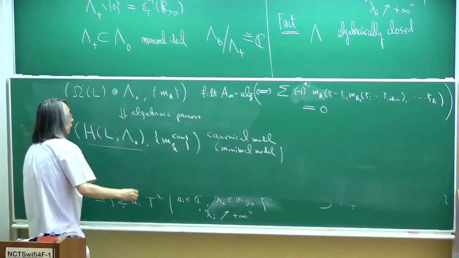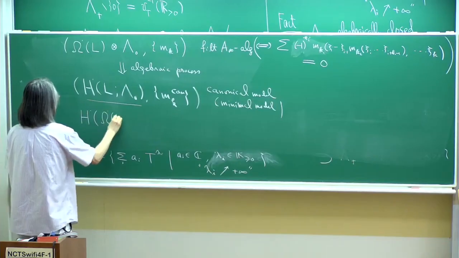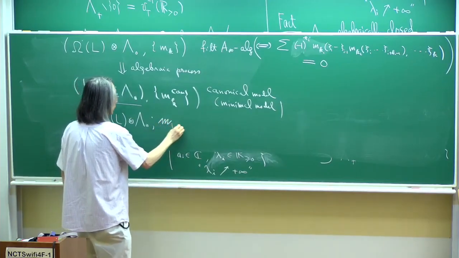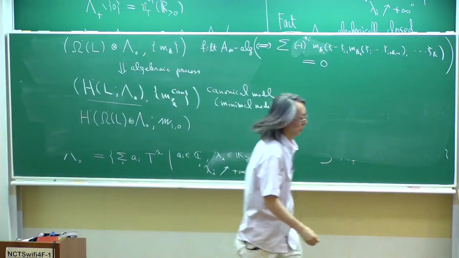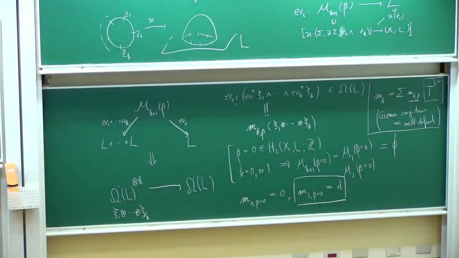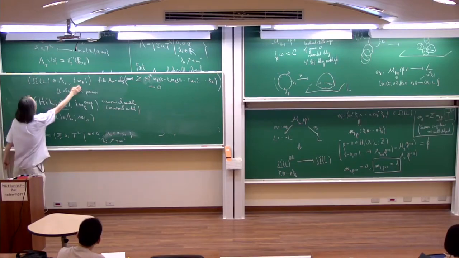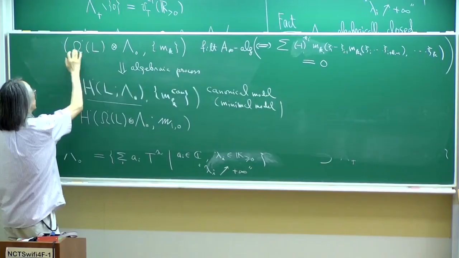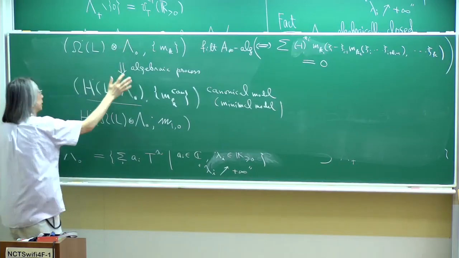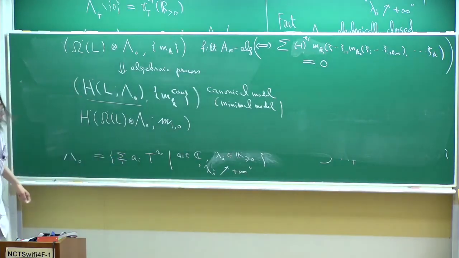This is the cohomology of this guy with respect to this M_{1,0}. The algebraic process is the following: you have some infinity algebra, and you can take the cohomology of it with respect to M_{1,0}, and then this infinity algebra structure induces an infinity algebra structure on the cohomology. So this is one algebraic statement.